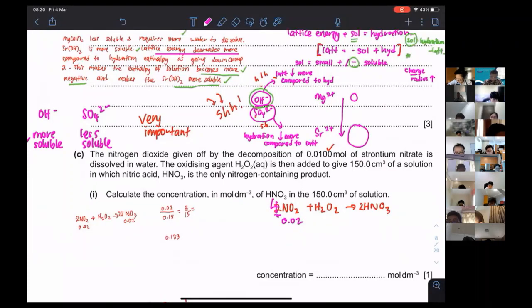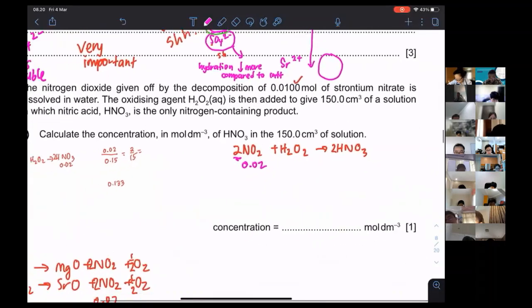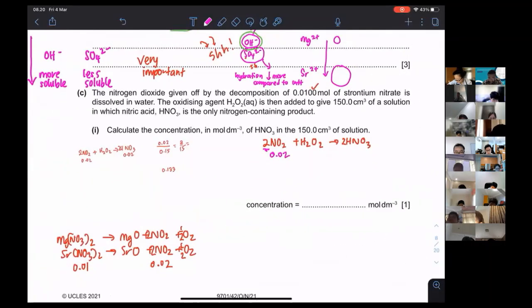They are asking to calculate the concentration of HNO3 in this particular solution. You get 2 moles to 2 moles, so it must be 0.02 also. You need to find the concentration, which is quite simple, in mol per dm cube.